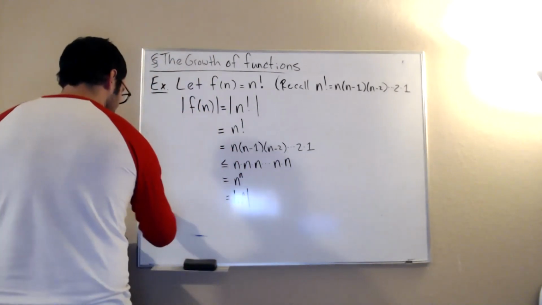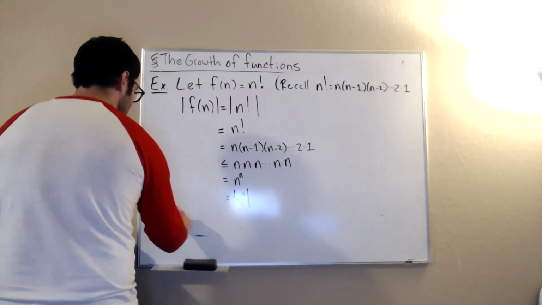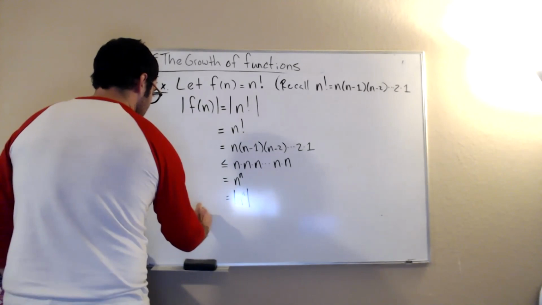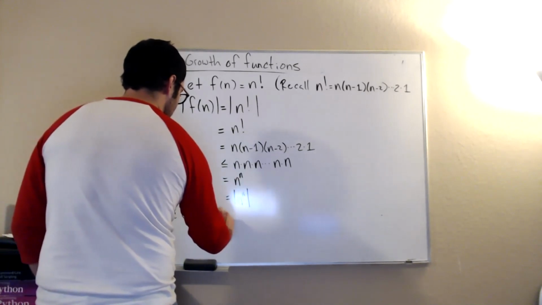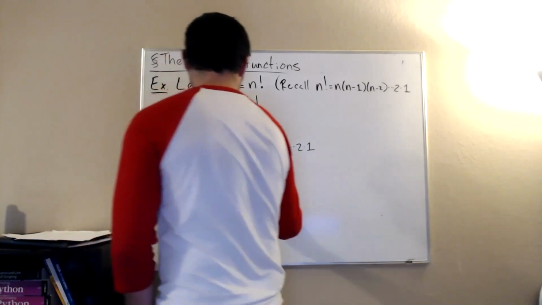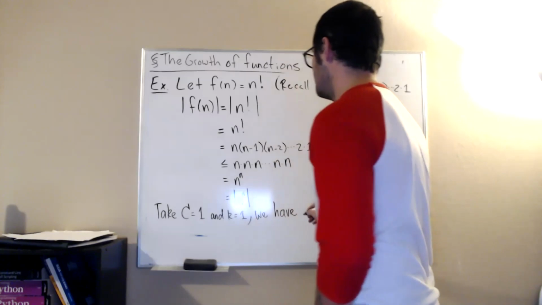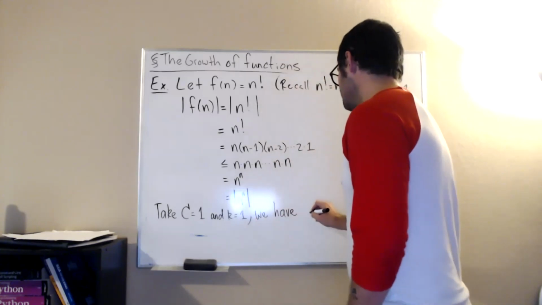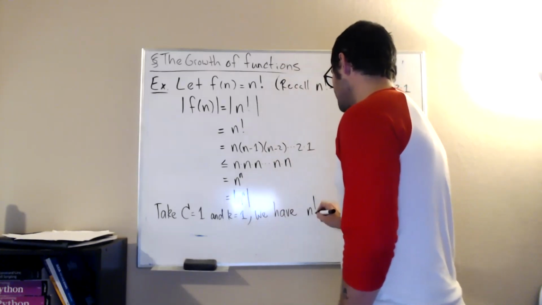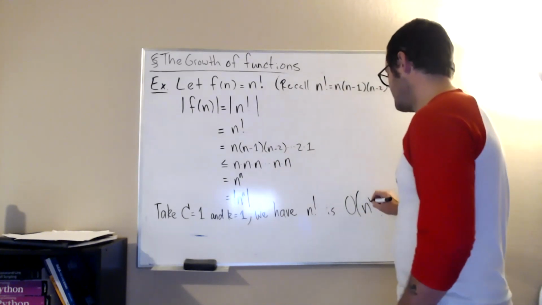So, if we take witnesses to be c equal to 1 and k equal to 1, we have n factorial is big O of n to the power of n.